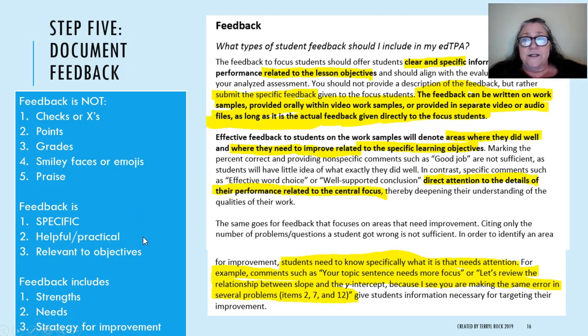So let's say, for instance, you've got a student that you know in your heart of hearts could do better if they would just listen to directions. Well, saying to the student in your feedback, please listen to directions, that's not relevant to your objective, because most of the time you're never going to have an objective where they learn to listen to directions.